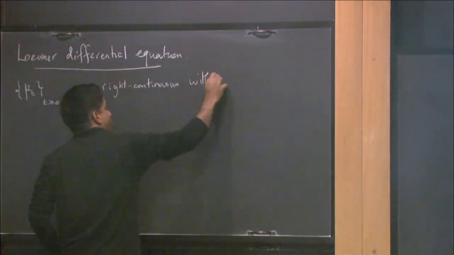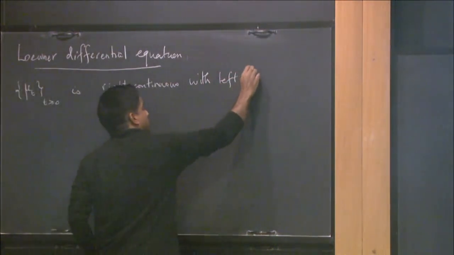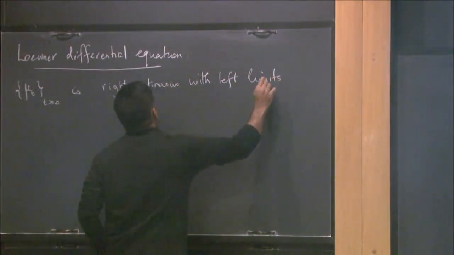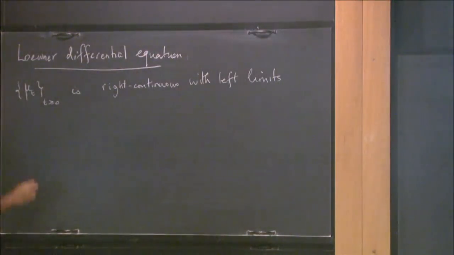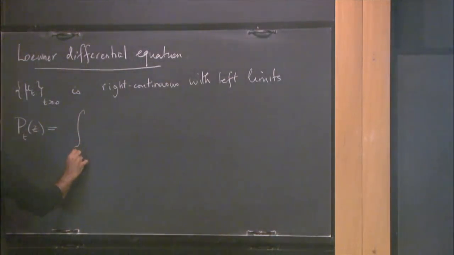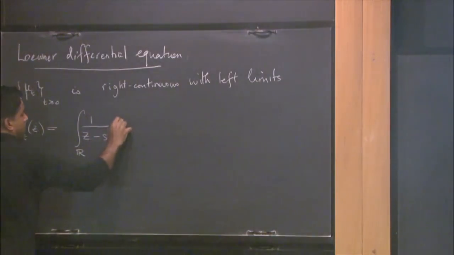This is the standard probability theory convention. So right continuous in the weak topology. And let me define the anti-Herglotz function, the integral of 1 over (c minus s) against mu_t(ds).